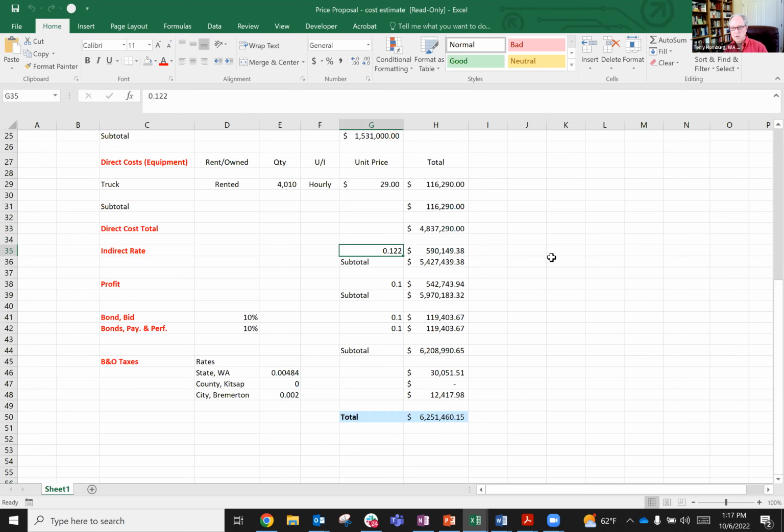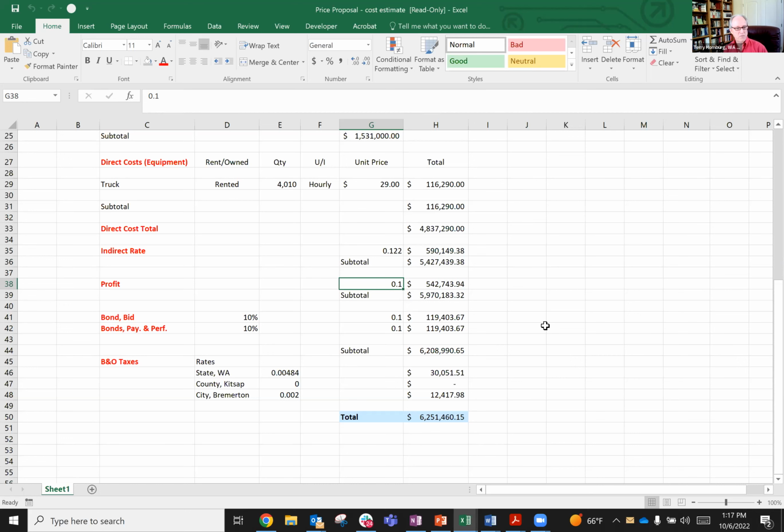Next is profit. We've got a slide on that, and a slide on the indirect rate also. Profit can have different terms. It can also be called fee. I call it the greed factor. How greedy do you want to get? How much money do you want to make? You have to be careful there, because if you ask for too much, you may not get awarded the contract because your price is too high.